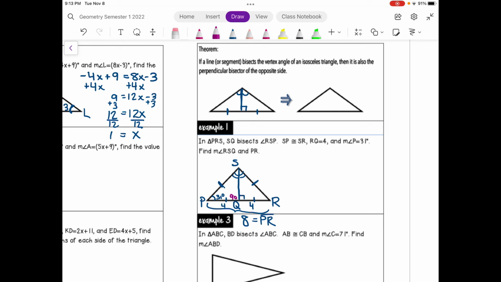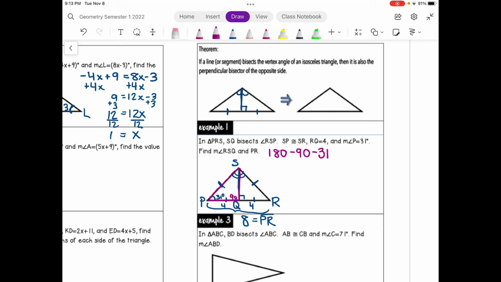And we know that a triangle, so if I'm thinking about just that small triangle there, is 180 degrees. So to find that third angle, I would do 180 minus 90 minus 31, because 31 was that given angle there, over there on the side. And then whatever that math is, our answer.